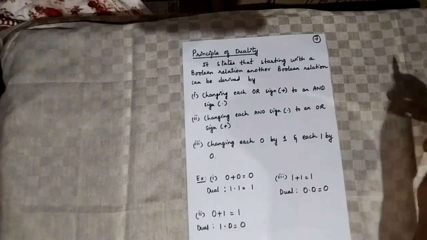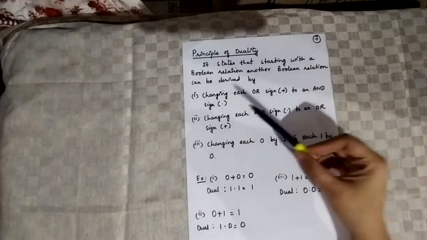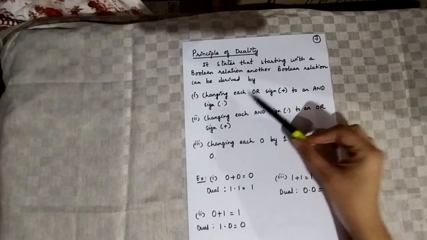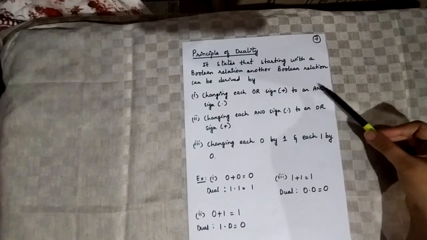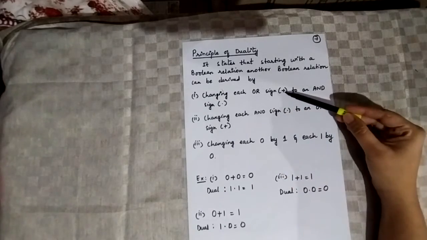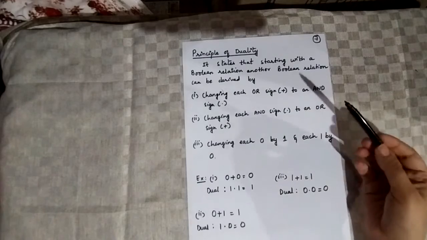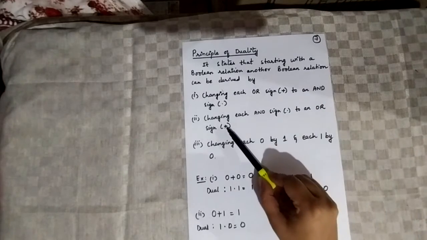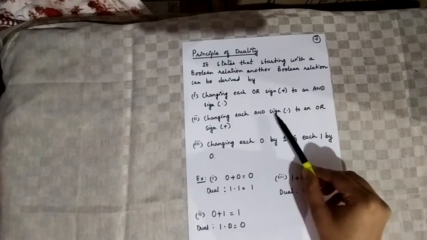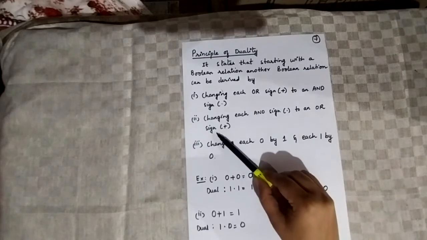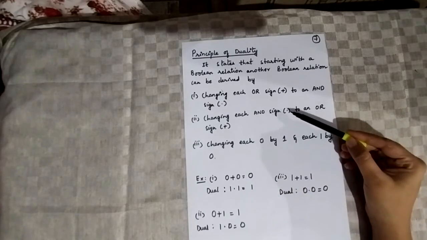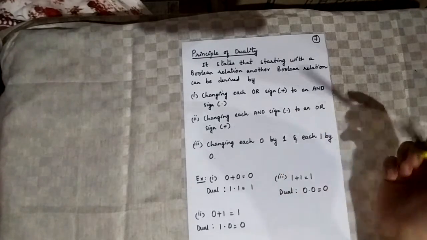Here are the rules. The first one says changing each OR sign to AND sign, that is, plus changes to dot. So that is the first rule. Coming to the second one, changing each AND sign to OR sign, that is, changing the dot to plus.